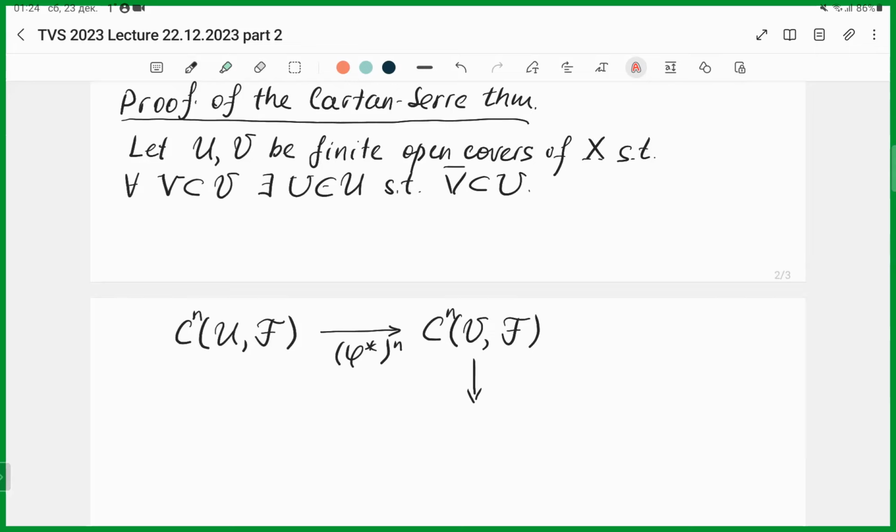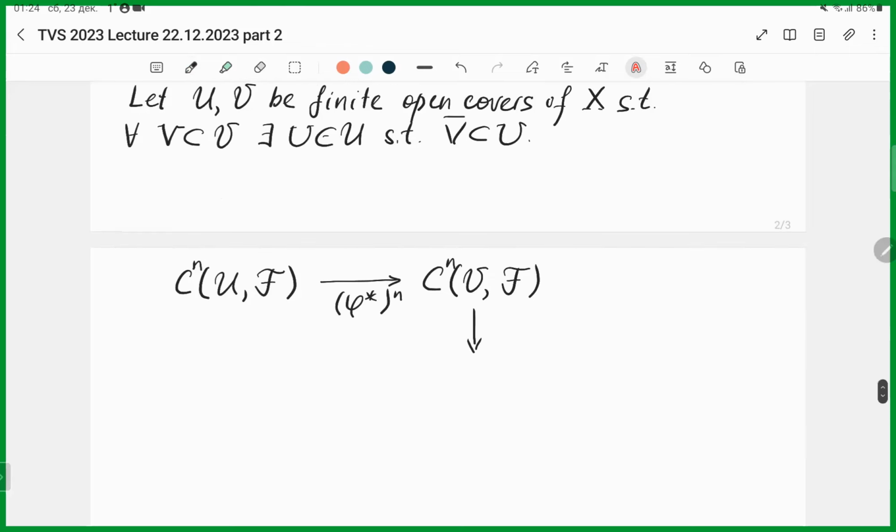Good. So now we come back to this map. I want to show that it is binuclear. We compose it with the projections onto the direct factors. Cn is a finite product of finitely many section spaces, so this is the section space of F over the open set corresponding to finite indices j0 to jn.